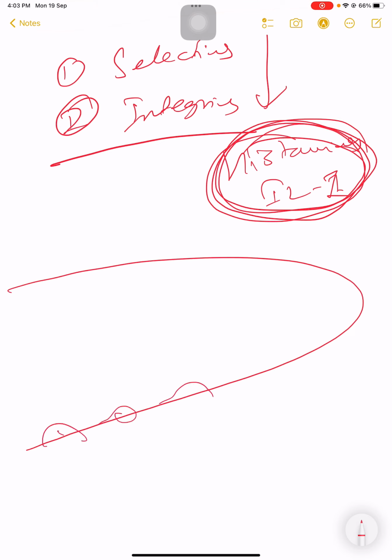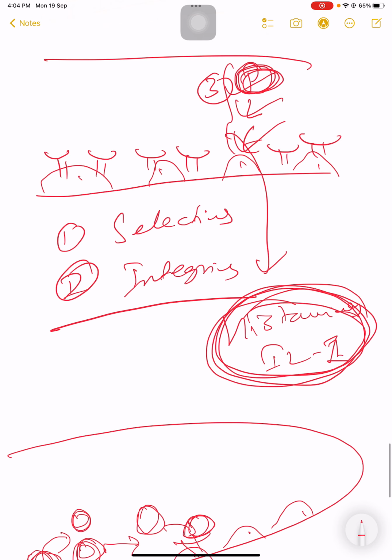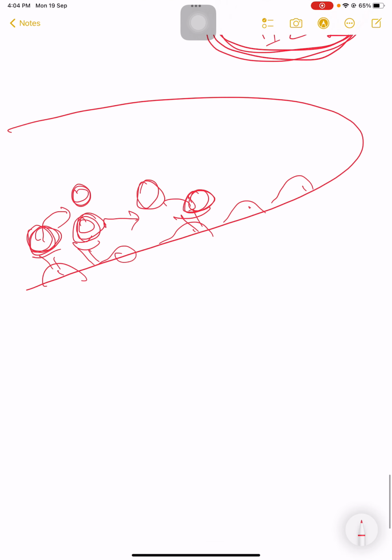You have this endothelial cells over here, and then you have these selectins. The WBCs will come and attach here. It will again roll, again go up, again attach here, again go somewhere here, again attach to this one, and that was basically known as rolling, which I was talking about. Now I don't want this. I want a fixed adhesion.